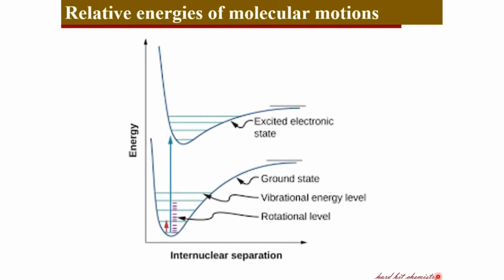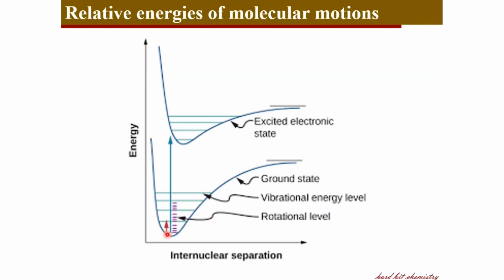Looking at the energy levels, here in the lower part you have the ground electronic state and in the upper part you have the excited electronic state. And if you look at this particular ground electronic state, within this given ground electronic state itself, you can see several vibrational states which are marked by these horizontal blue lines. So within the given electronic state itself, the molecule can have several vibrational energy levels.